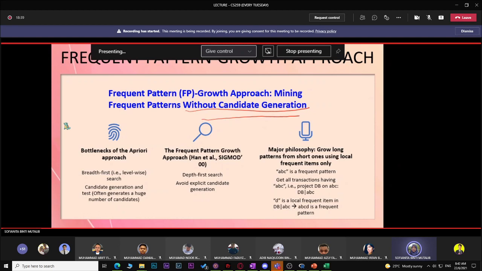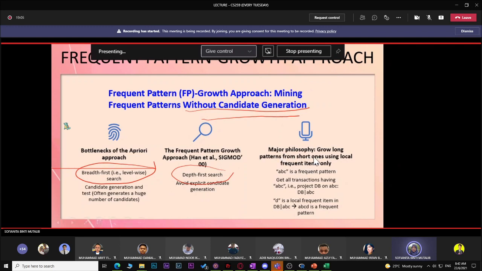Here the problem with Apriori is that it is breadth first, meaning it goes level by level and generates the item sets. So here we are going to apply what we call depth first. Let me have a look at it.